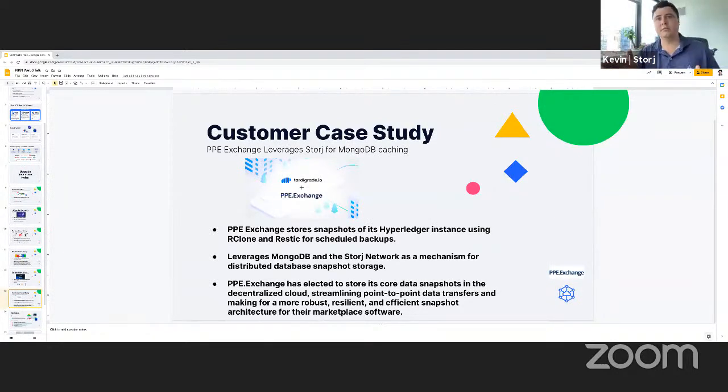So they used two cool partner integrations to develop a solution that created value for them. We were able to lower their cost of cloud storage, increase the efficiency of their tech stack, and increase the resiliency of their tech stack by having more of a distributed storage origin for all of their database snapshots and Hyperledger snapshots.